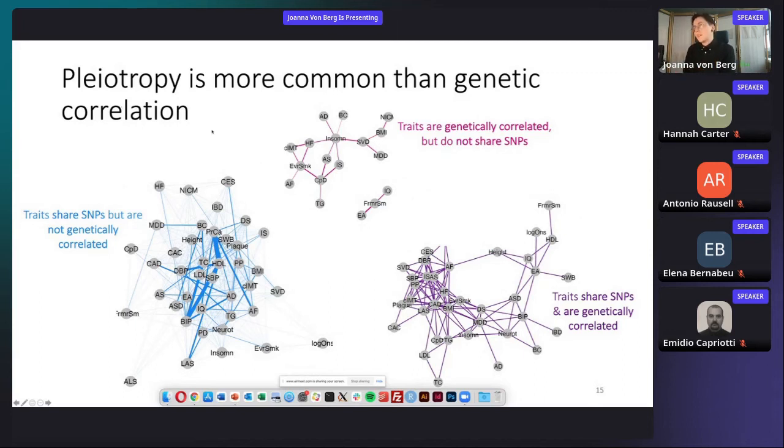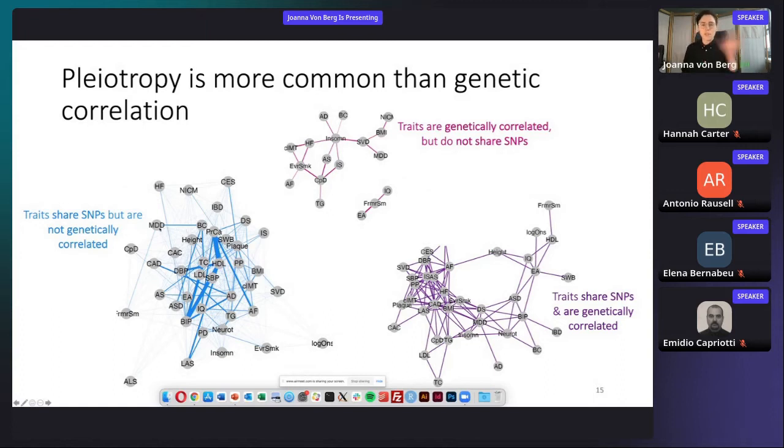And so we decided to test it, and we used the same traits as in the previous slide, and we calculated genetic correlation between each trait. And then we compared the two networks that we got. And here in blue, I show the subnetwork of all the trait combinations that share SNPs.